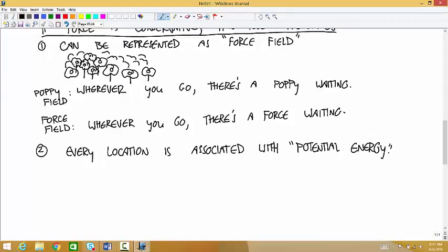And so wherever the object is, we're going to be able to calculate this value called potential energy.